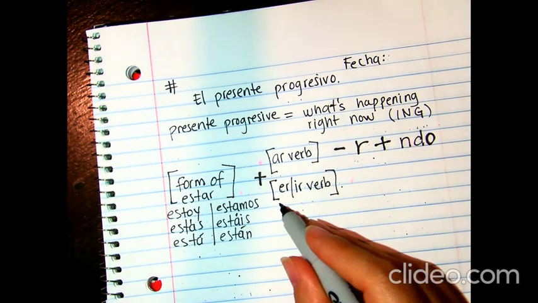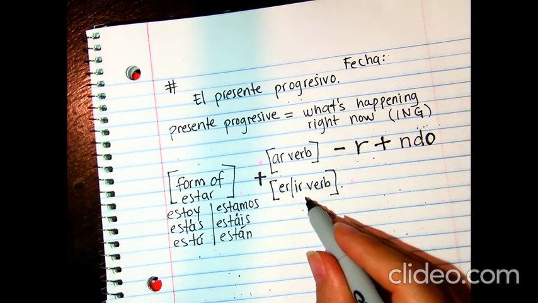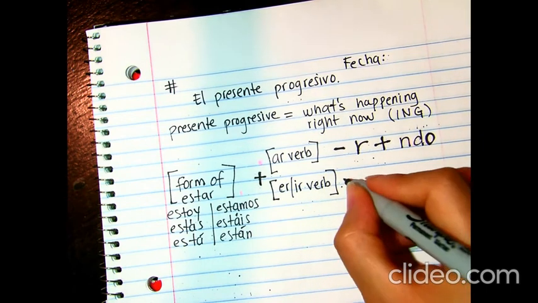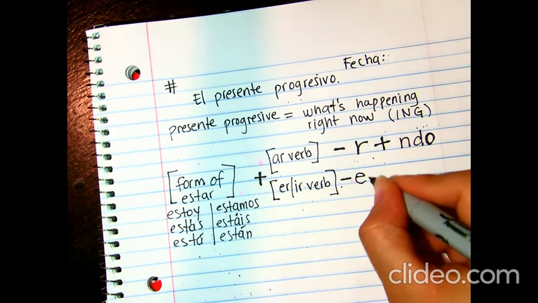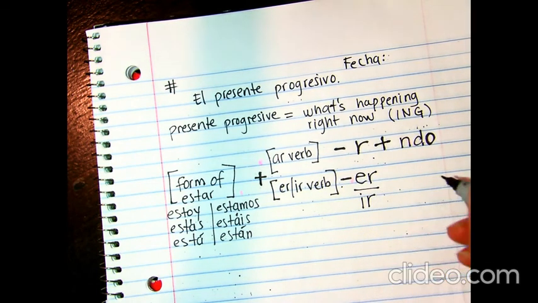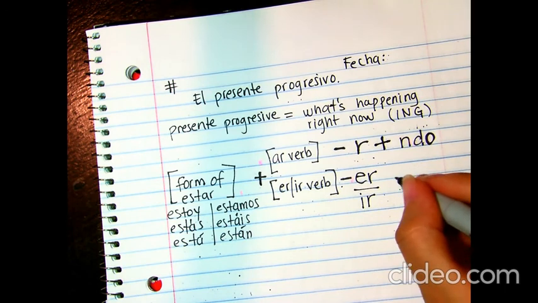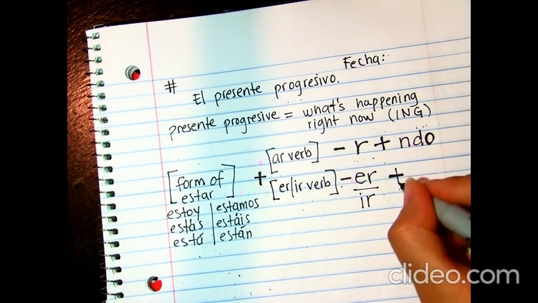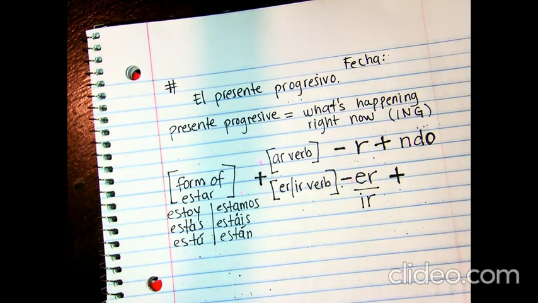To the ER or IR ending verbs, you're going to take away the ER or the IR, doesn't matter, and you're going to add yendo.